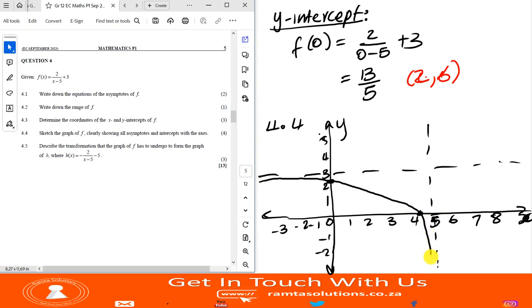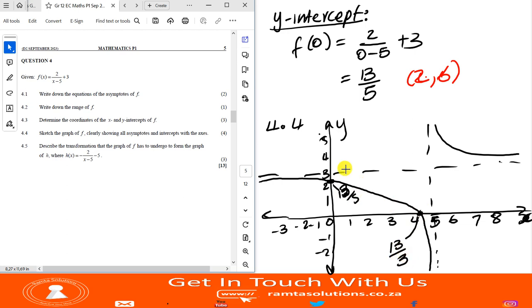Remember, guys, it's not supposed to touch these lines. This is 13 over 5, and this is 13 over 3.